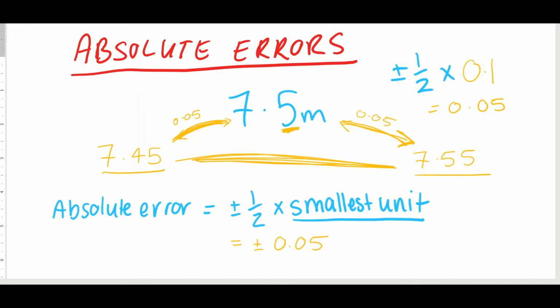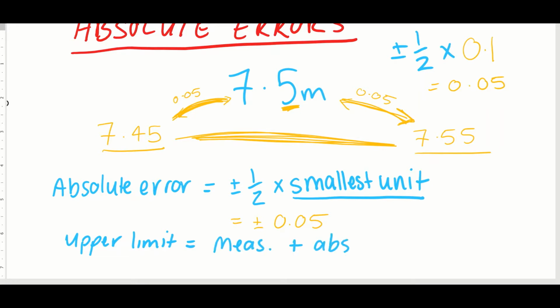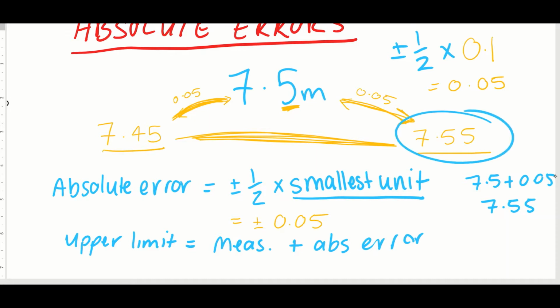So I could then say to you, all right, what is my upper limit? All we have to do is take the measurement and add the absolute error. In this case, we take my measurement 7.5 and add my 0.05, and I would get 7.55, which is what we said was here.